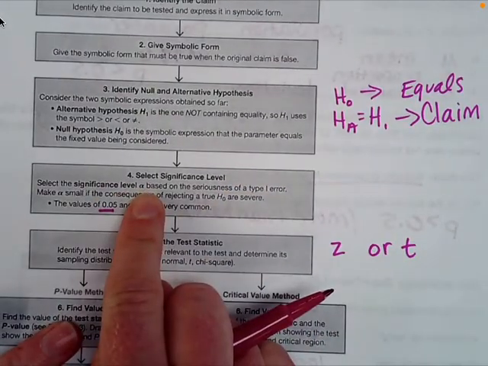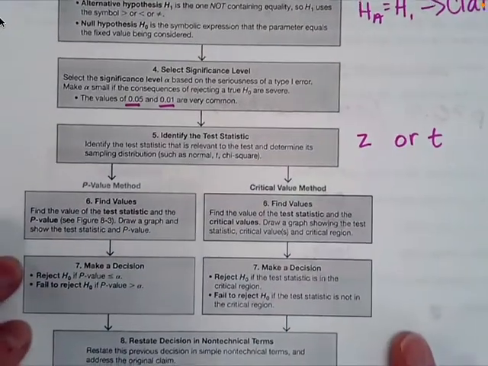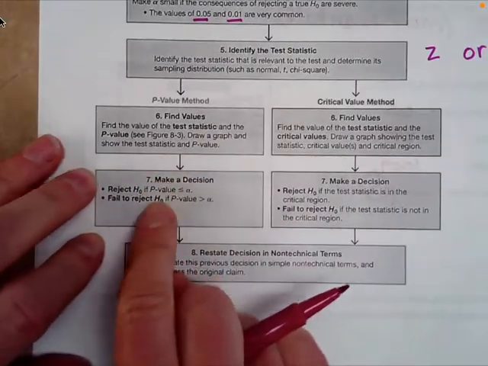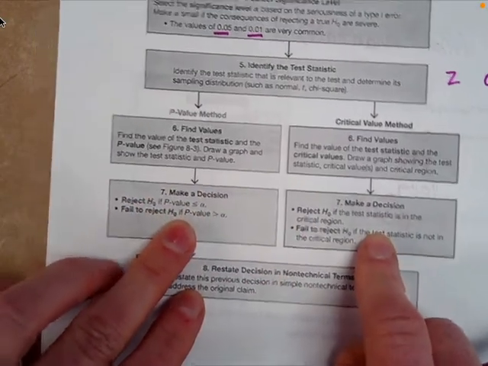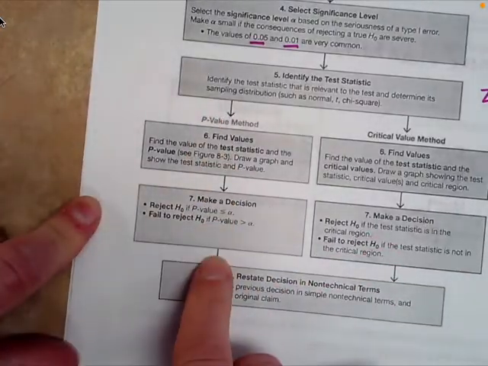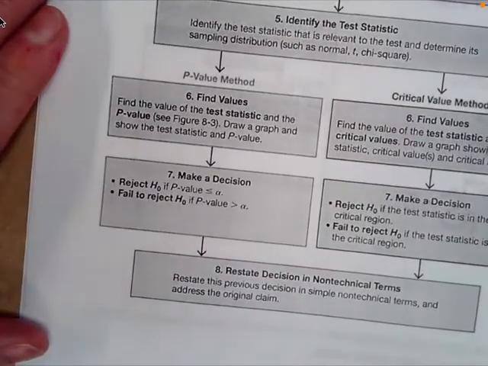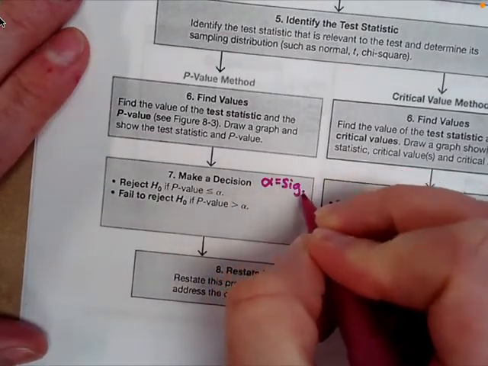You look at your significance level, and then you are going to find your test statistic and then make a decision. So part 7 is when you make a decision. For the p-value method, you are going to compare the p-value with your significance level. Alpha is your significance level.